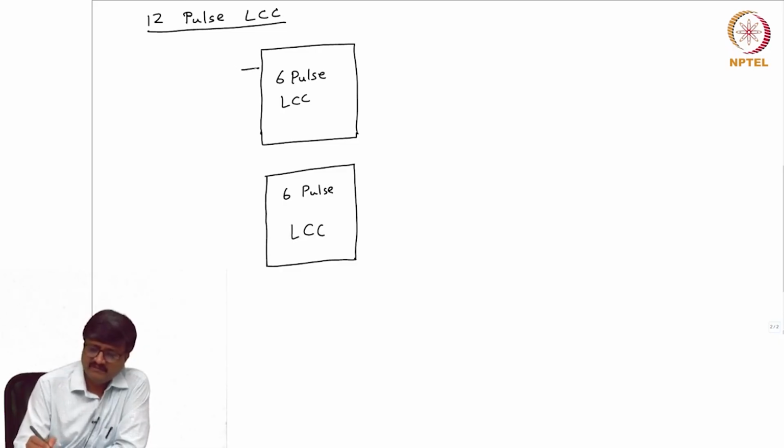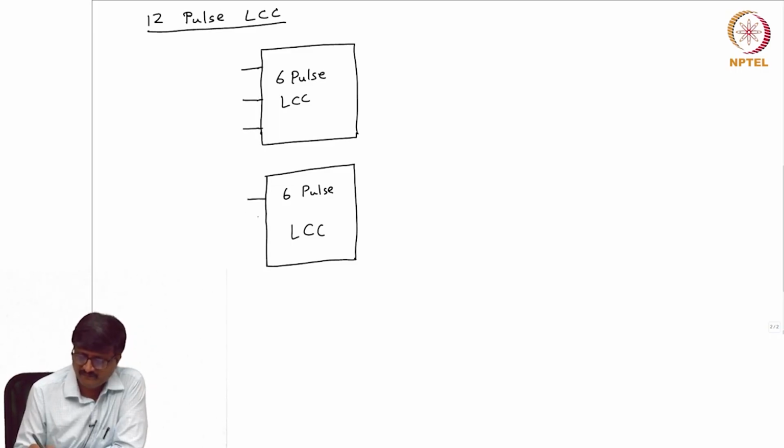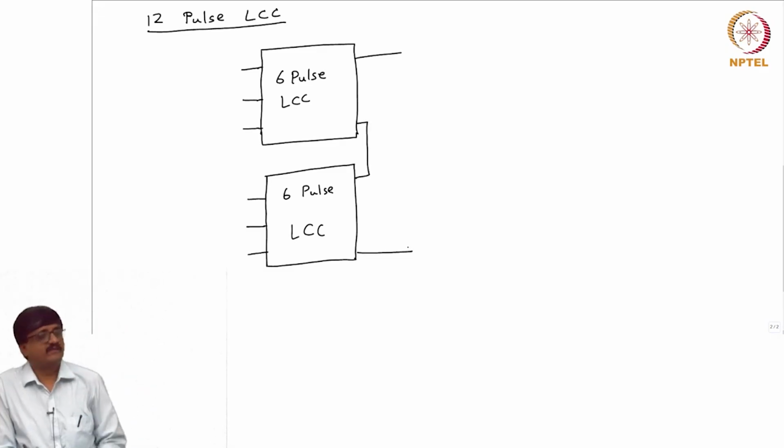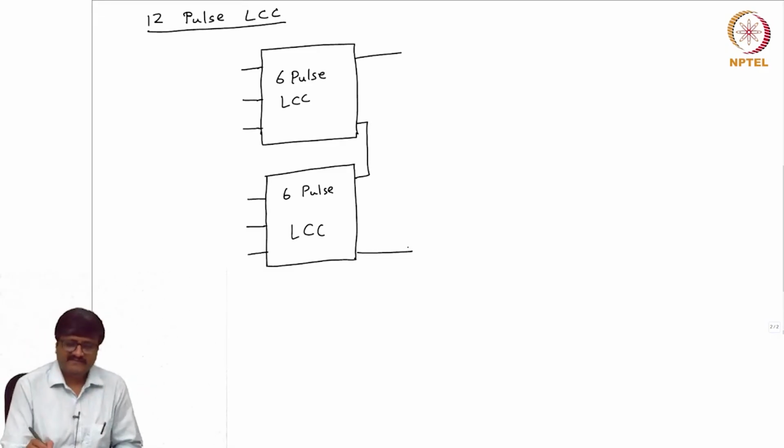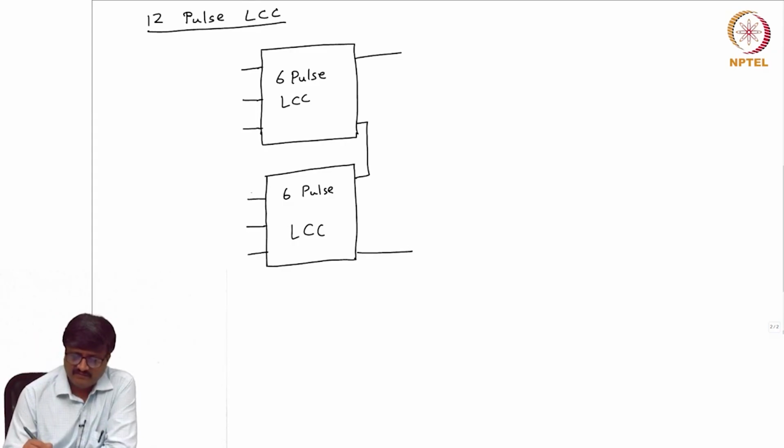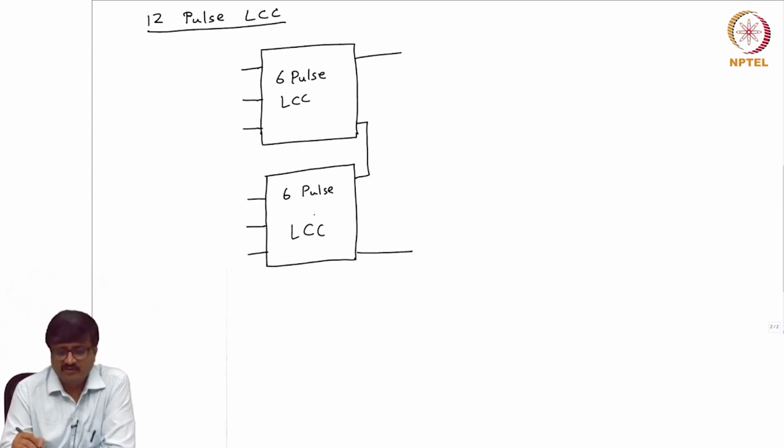So, there are 3 wires on the AC side of both 6 pulse LCCs, and the DC sides are connected in series. Now, the voltages that appear on the AC side of the second 6 pulse LCC are identical to the voltages which appear on the AC side of the first 6 pulse LCC, except that there is a phase lag of 30 degrees.